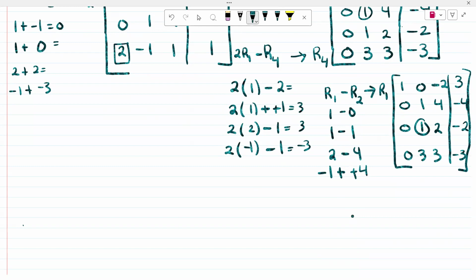I don't want to make a mistake. So maybe, yeah, let's make this one into a 0, using row 3.